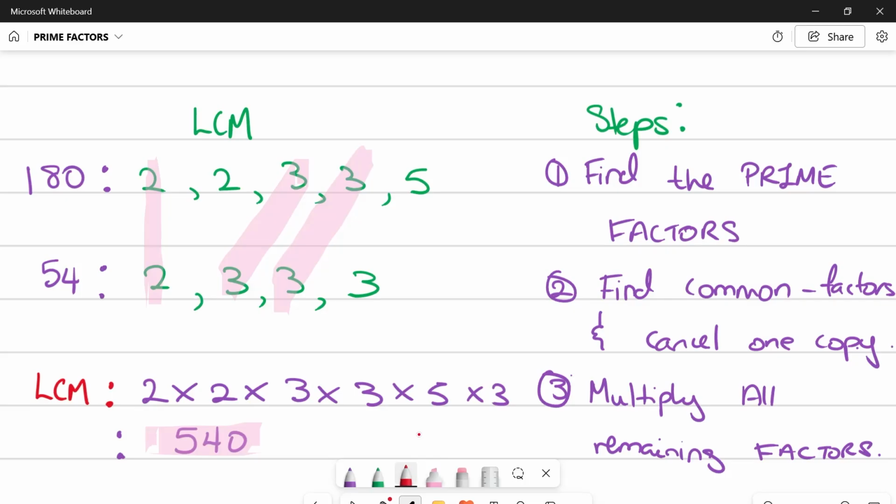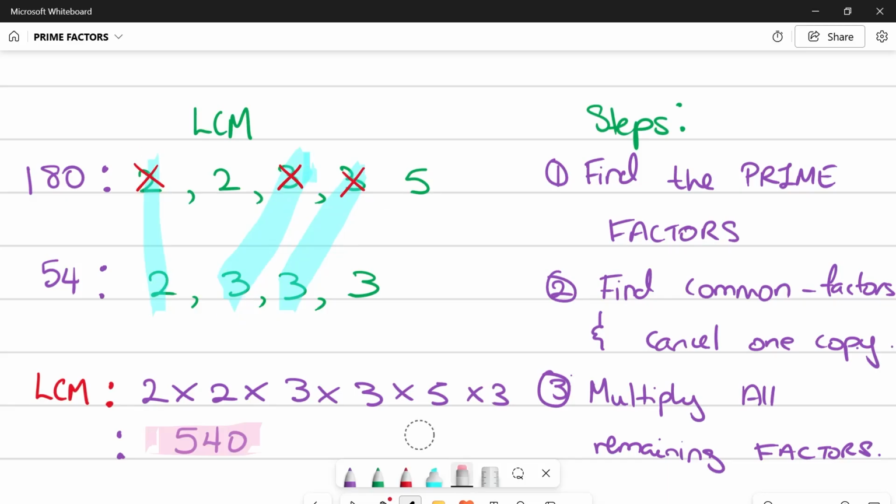For each of these pairs of common factors, we must cancel one side because we only need one copy of the number. We cancel one of these 2's, cancel one of these 3's, and we cancel one of these 3's.